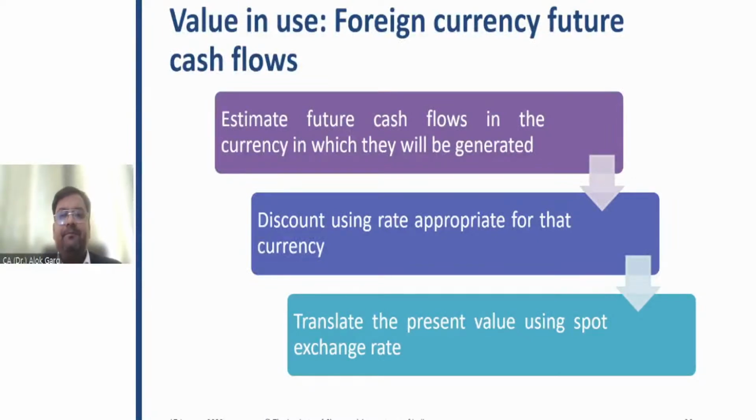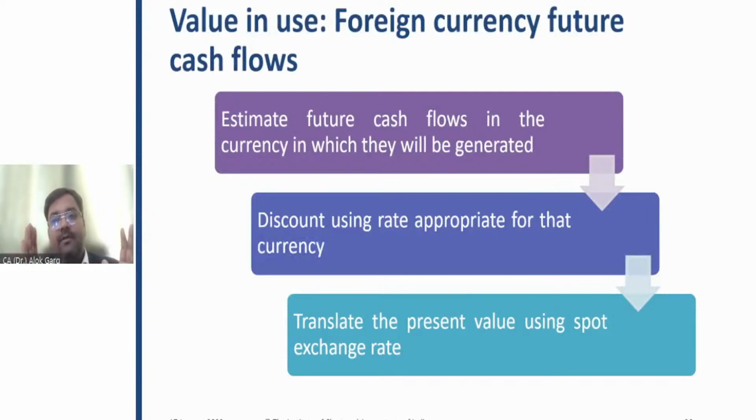So guys, that is why standard says that wherever your asset is located, estimate the cash flow in that currency only. Then it says please use the discount rate which is relevant for that currency only, right?